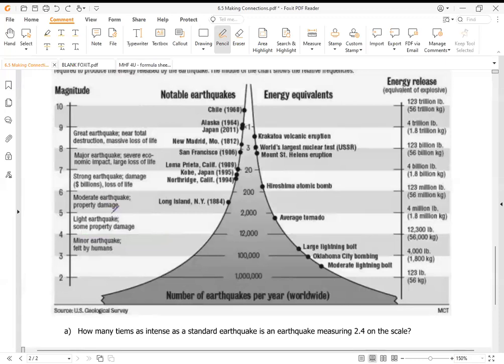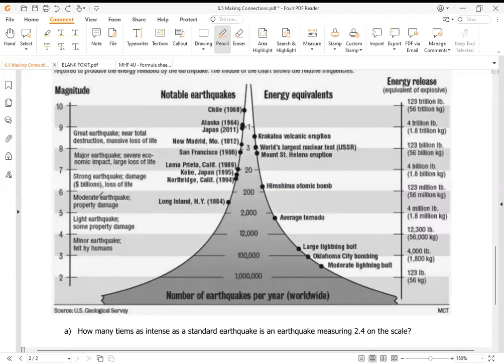It won't be like the ground breaking apart and people being separated. It's not like the movies, but you will see some damage. Starting from 6 and up, it is similar to an atomic bomb exploding in terms of damage. So anything greater than 6 is worth being really concerned about.